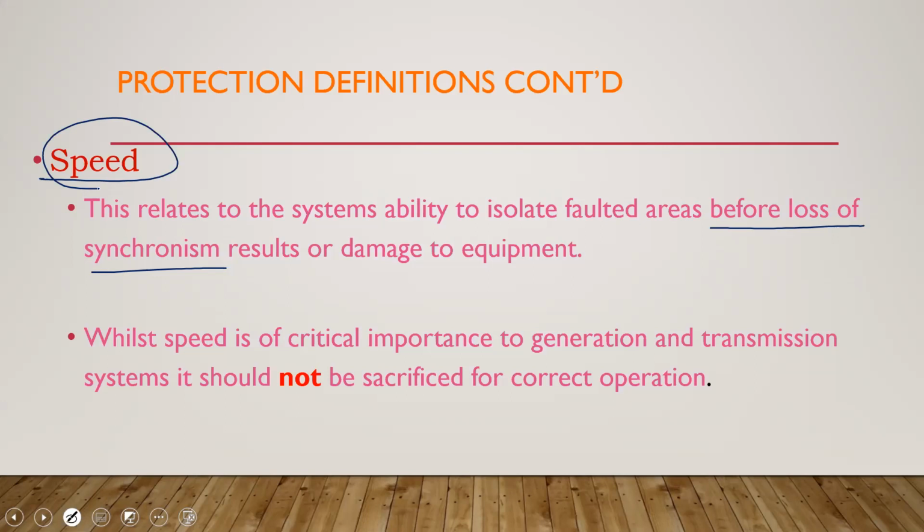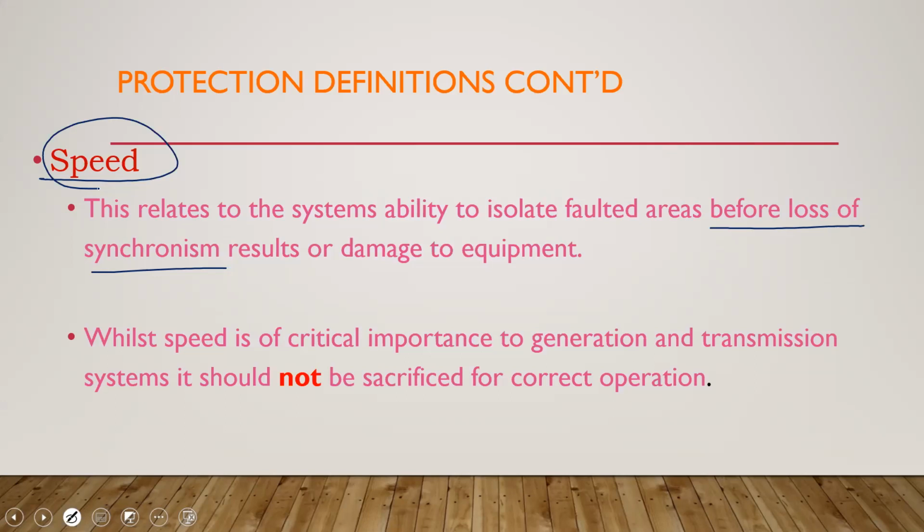And so you want to ensure that whatever protection mechanism you have put in place would operate as quickly as possible to prevent loss of synchronism. You would want to remove that fault before the generator loses synchronism and pulls out of the system.